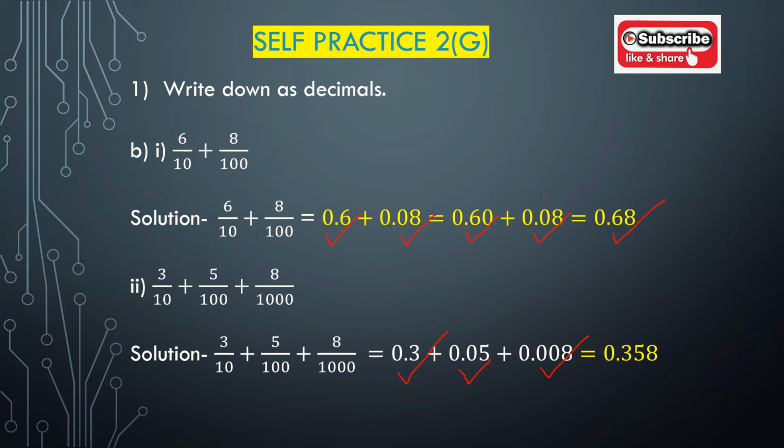So it will be 0.300 plus 0.050 plus 0.008, which will be 0.358. Now we get 3 divided by 10 plus 5 divided by 100 plus 8 divided by 1000 equal to 0.358.